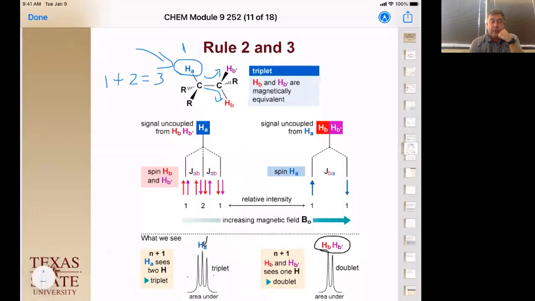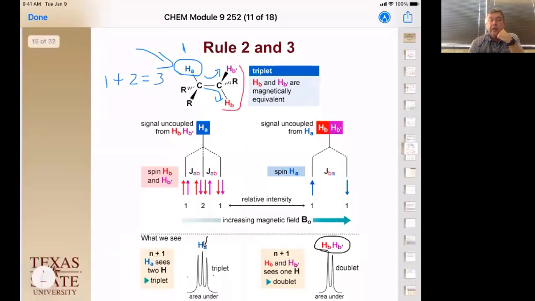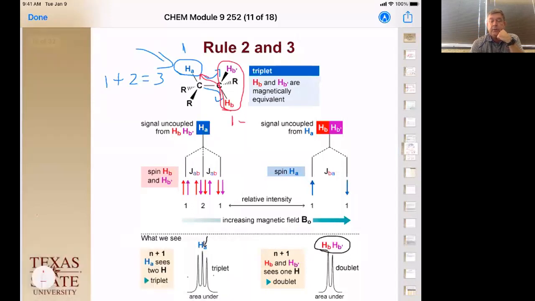If we look at these 2 hydrogens, they are magnetically equivalent. They are identical, so this is 1 peak, and there's only 1 hydrogen next to it. So our n is equal to 1, which means that peak is going to be split into a doublet. So this 1 hydrogen is going to be a triplet, and these 2 hydrogens are going to be a doublet because of the hydrogen within 3 bonds of the magnetically equivalent hydrogens.